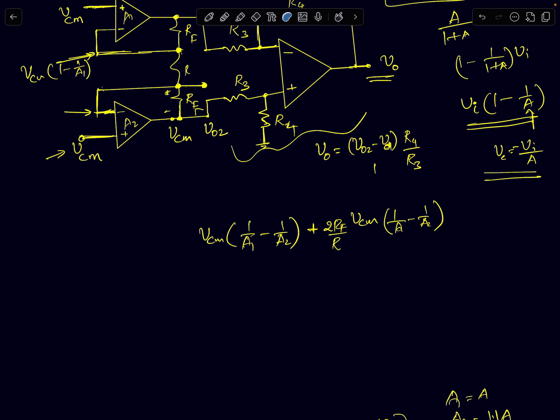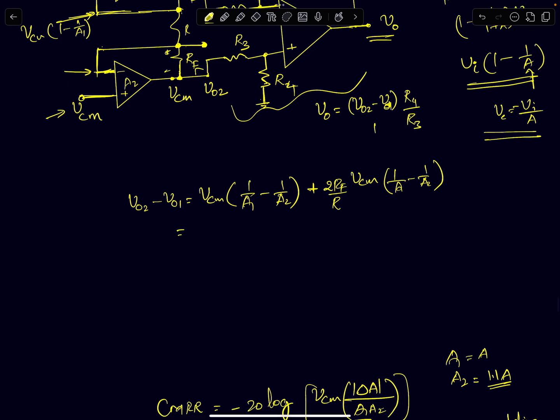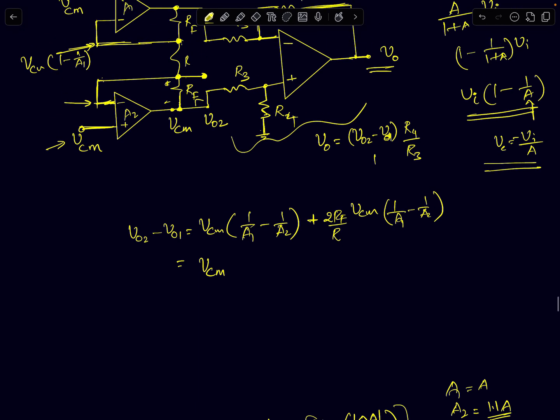Once you know VO2 minus VO1, V0 is very easy. We can easily compute V0. VO2 minus VO1, previously, was 0 for common mode inputs. Now I am showing that in the presence of finite mismatch between the opamps' DC gains, you will have this result. It will be 1 plus 2 RF by R, which is the differential gain of this stage, times VCM into 1 by A1 minus 1 by A2.